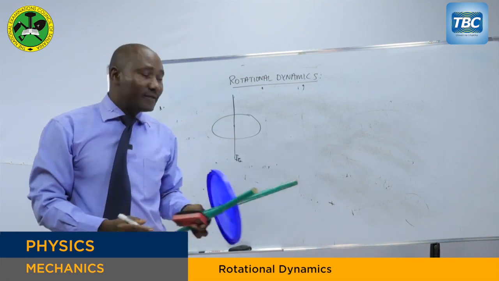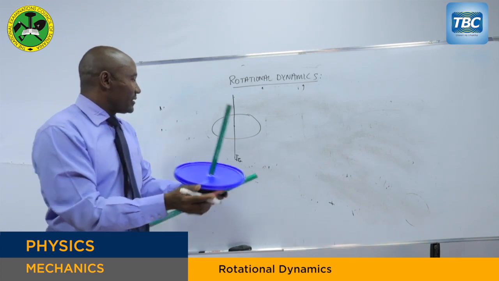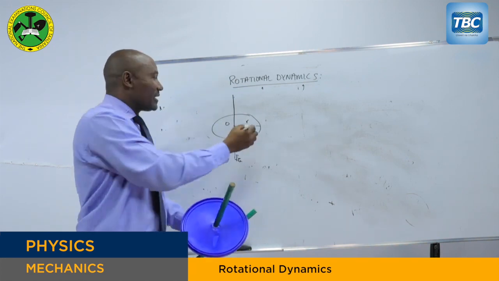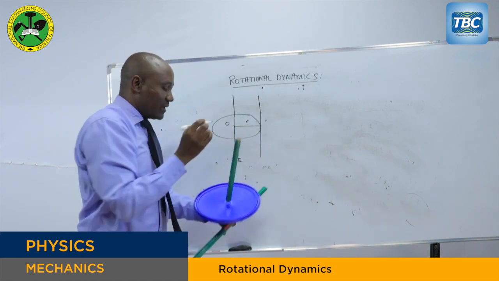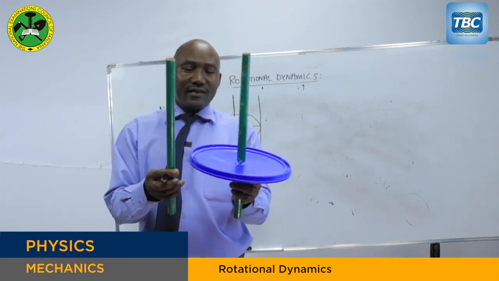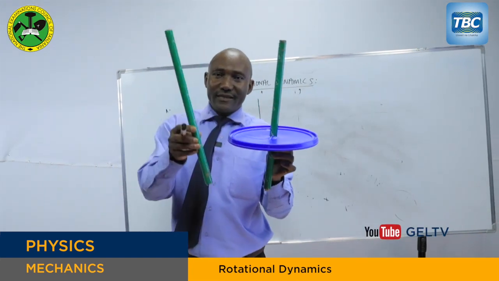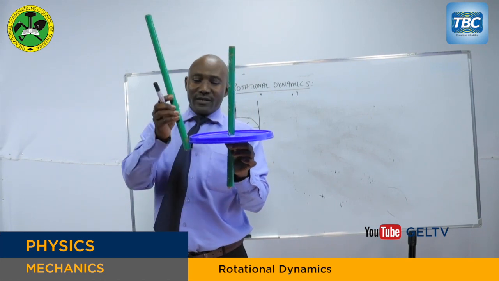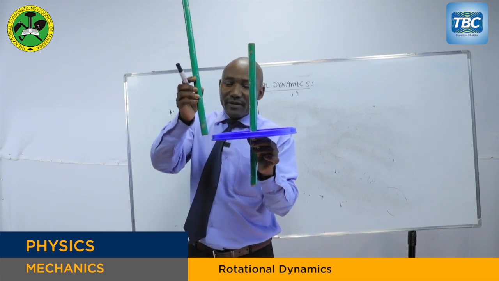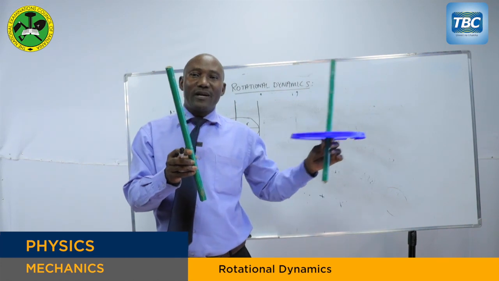This is the disk, and we say this is the moment of inertia through its center. This is the center, this is the radius. Now we are looking for the moment of inertia at the end here. Now the problem comes to most of the students. The question says, find the moment of inertia passing through the circumference, but perpendicular to the plane. The word perpendicular means it makes 90 degrees here. When they hear the word perpendicular, they think this question is supposed to use the perpendicular axis theorem.